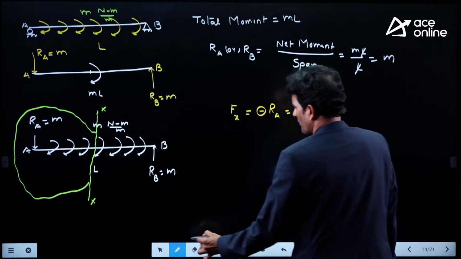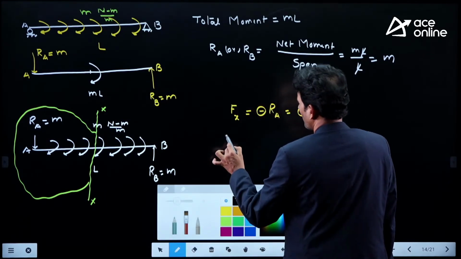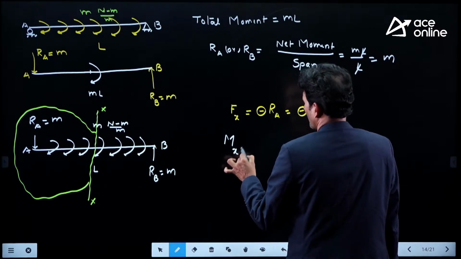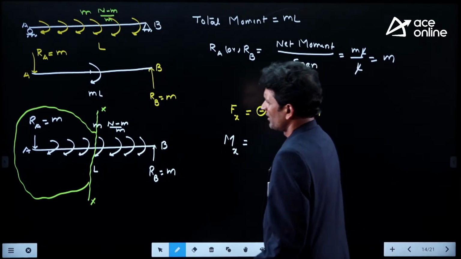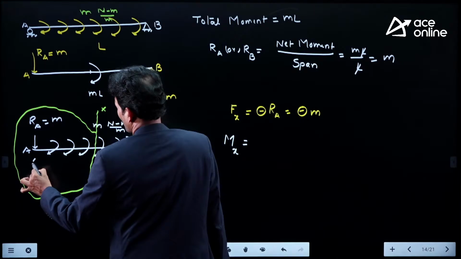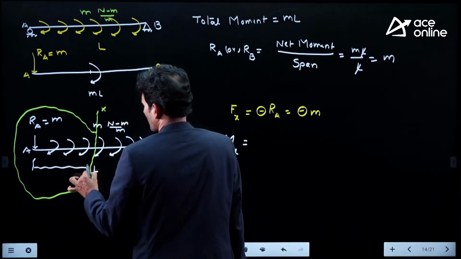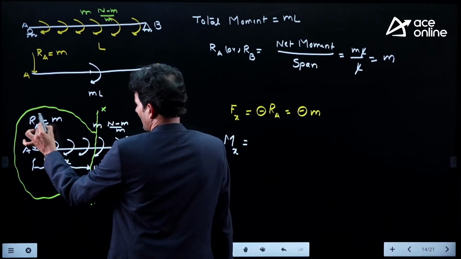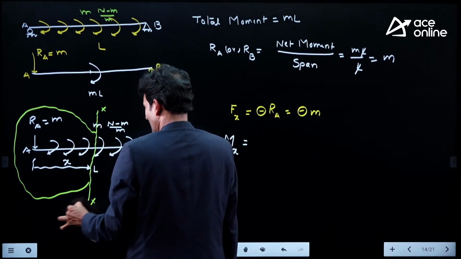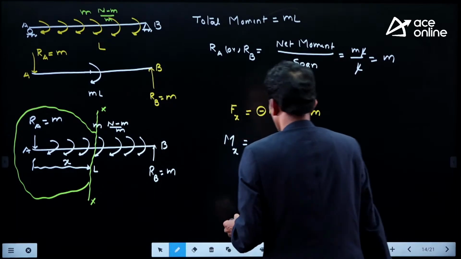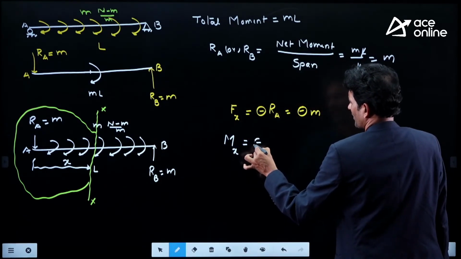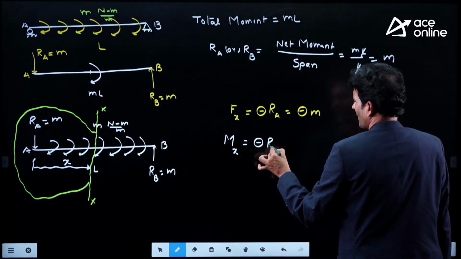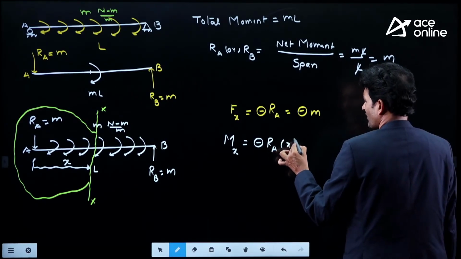Then what about the bending moment? When I am talking about the bending moment at this section, we are taking the section at a distance of x units from support A. This RA gives rotation in the anti-clockwise direction. Write that down. Anti-clockwise direction gives a negative sign, so minus RA at a distance of x.